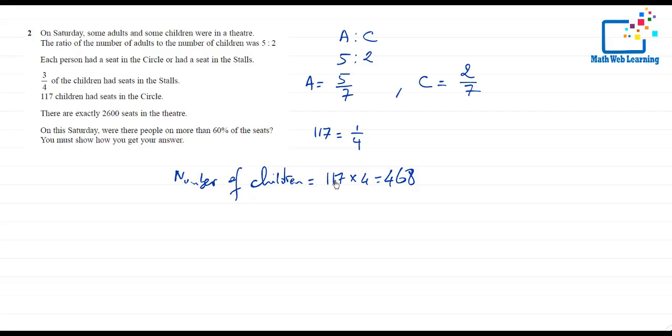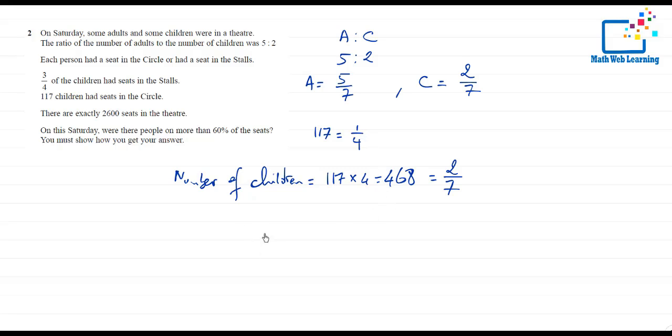Okay, 4 times 7 is 28, 4 times 1 is 4, and 4 times 1 is 4, so that is 468. So that's the total number of children. Now that total number represents 2 out of 7 of the total number of children and adults.